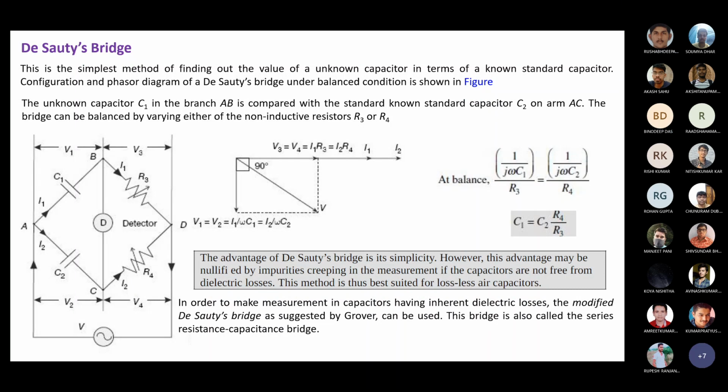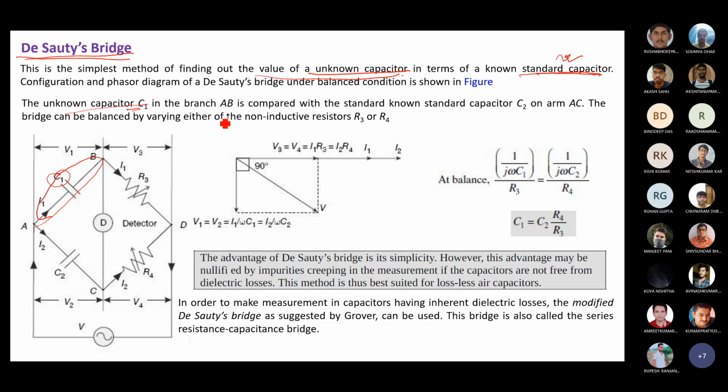Okay, so the next topic is the resistive bridge for measurement of unknown capacitance. The value of the unknown capacitance we get by using the values of a standard capacitor. Normally the AB arm is used for the unknown parameter, so we need to find the unknown capacitance C1.